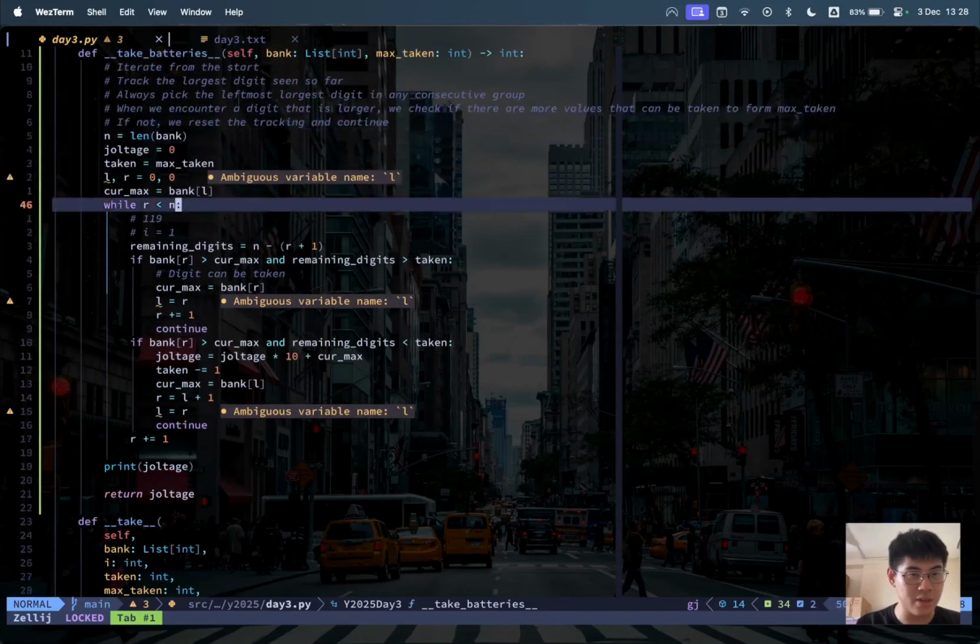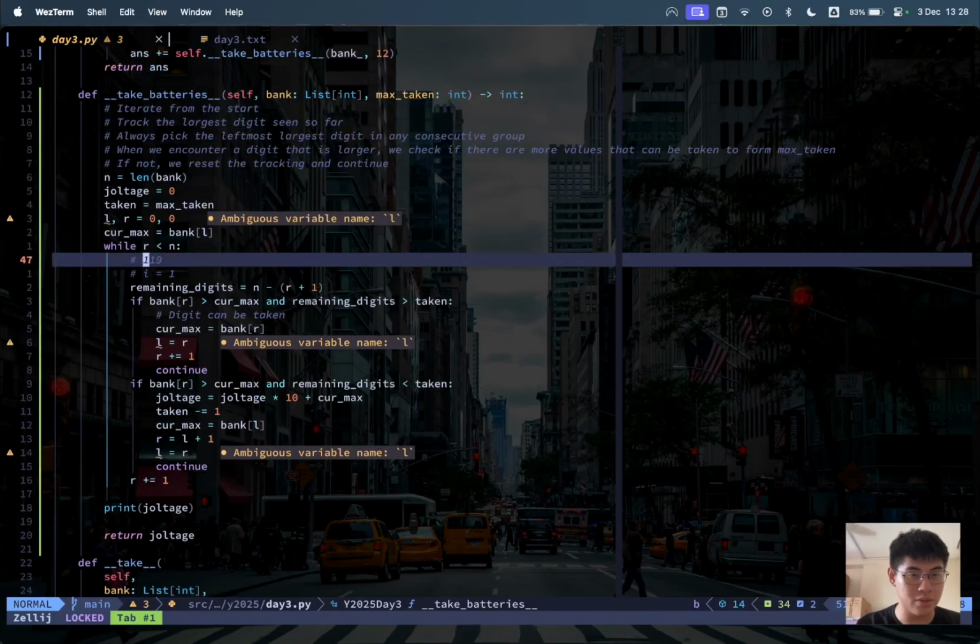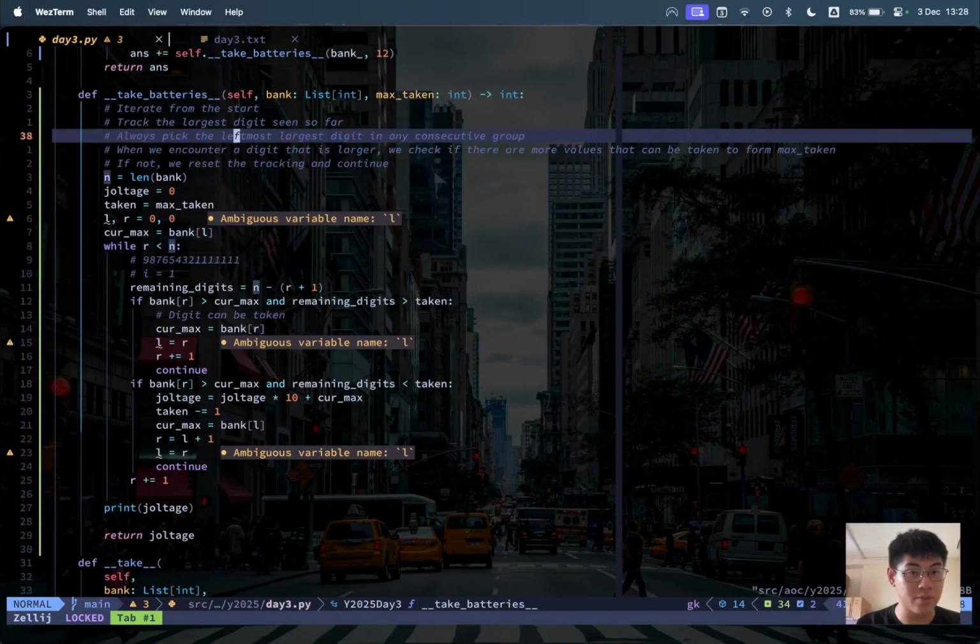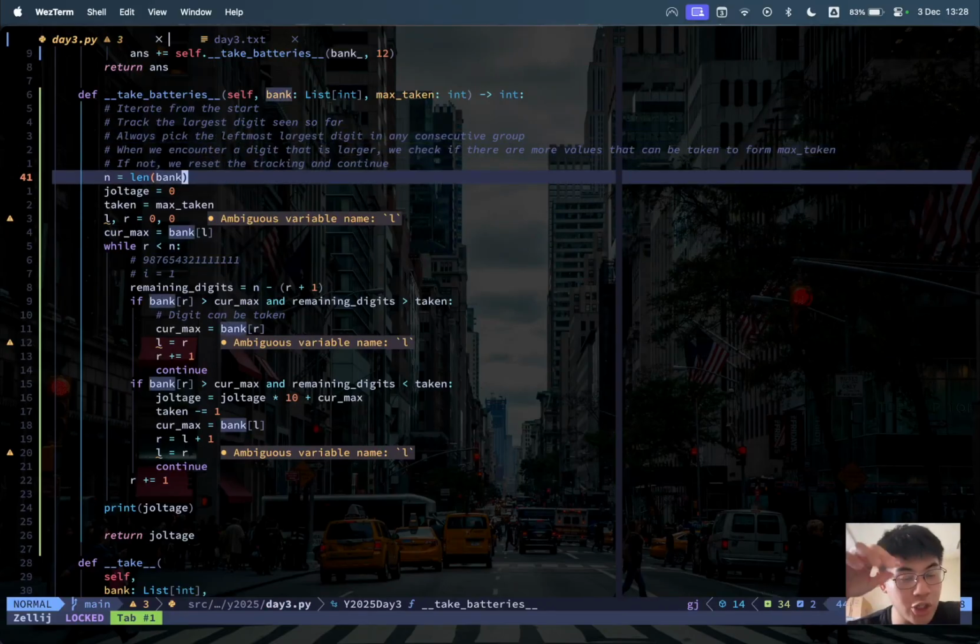okay, let me see. Let's just run through this super simple example here. So we start with a position of 9, so that's the maximum taken.